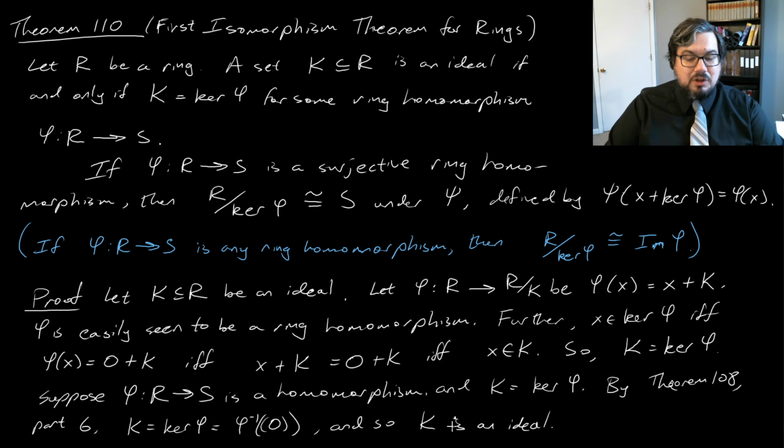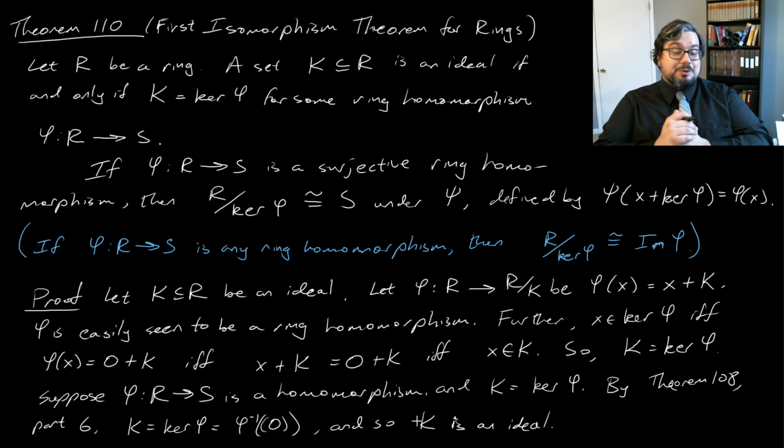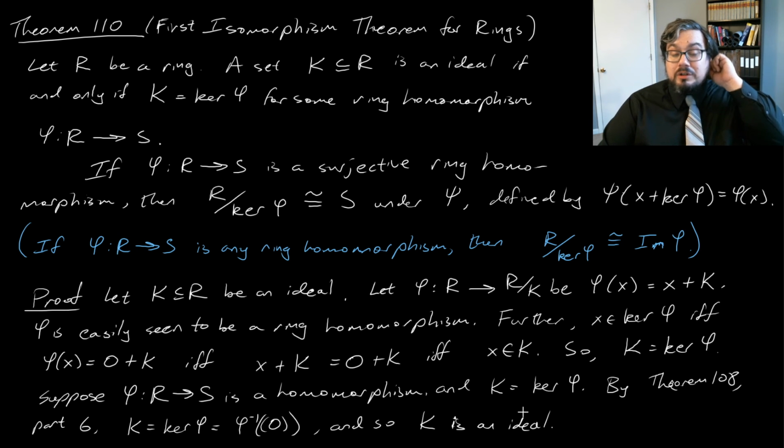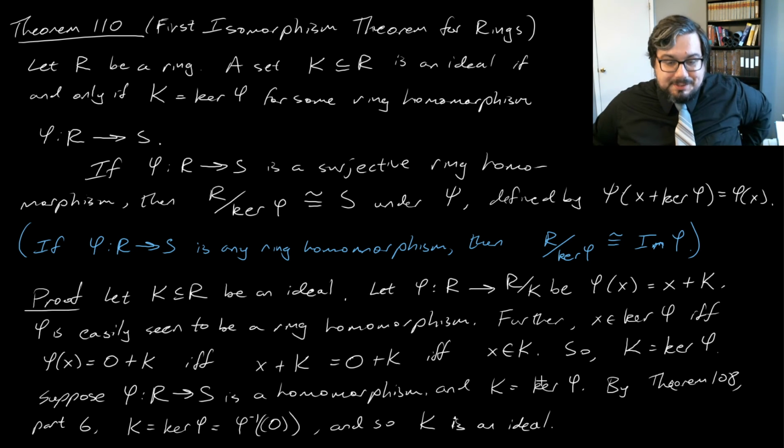Preimages of ideals are always ideals, and so since the kernel is the preimage of the 0 ideal, it has to be an ideal itself. So kernels of homomorphisms are ideals.